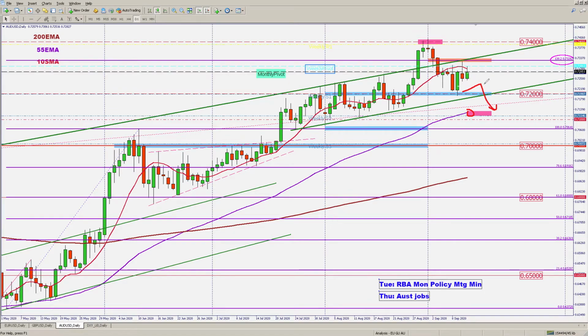Otherwise, it could just continue to consolidate within this channel, and we'll see if it's able to break out higher above the 0.7330 level. But otherwise, it's going to consolidate for a while.